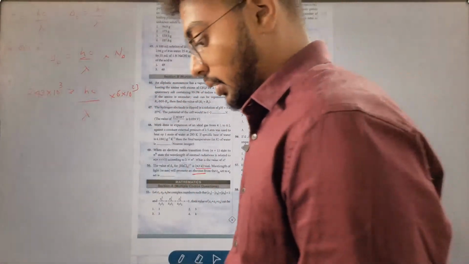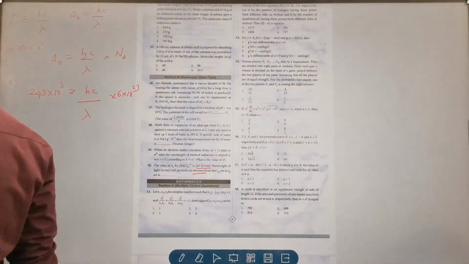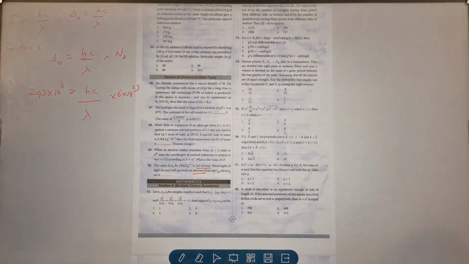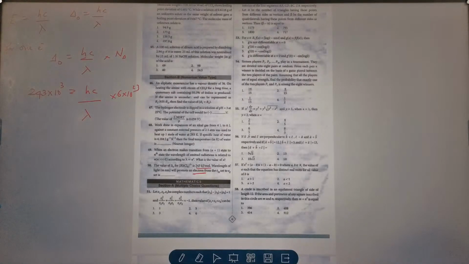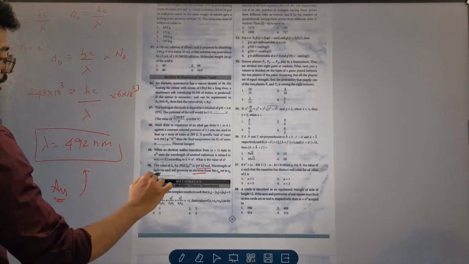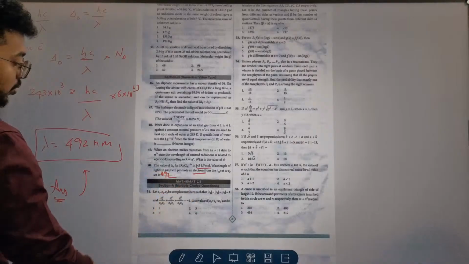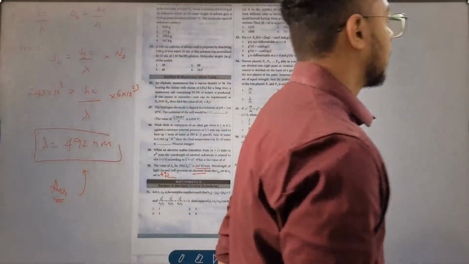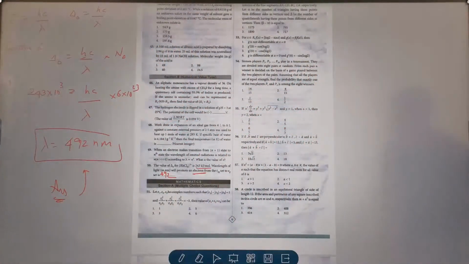I'm skipping the calculation part. Just substituting the values, you'll get lambda equal to 492 nanometers. The answer for this question is 492 nanometers.